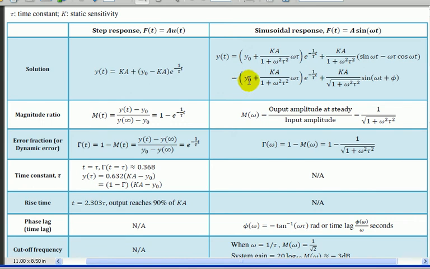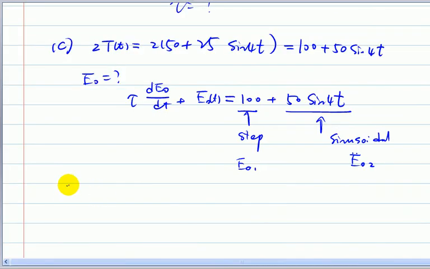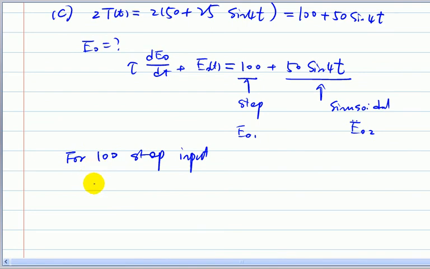But if you look at my lecture notes, for the 100 step input, the general output for this one here is E naught 1 equal to C e to the negative t over tau plus 100.